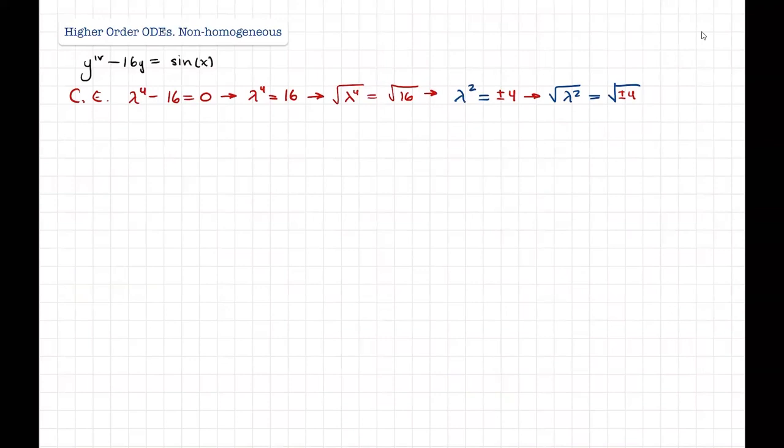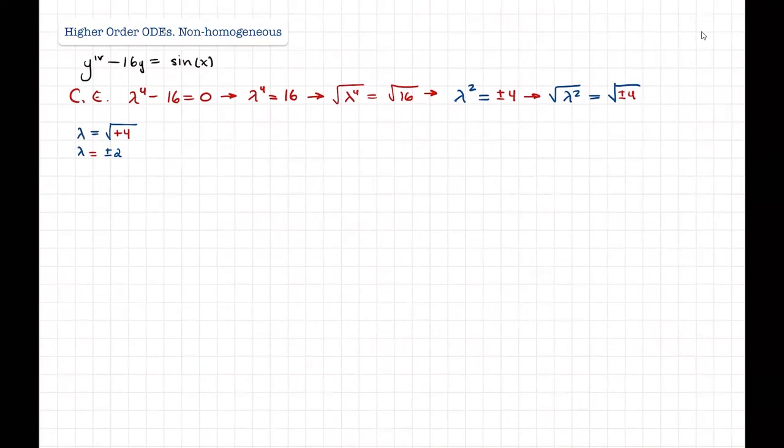One lambda equals the square root of positive 4, and the result for this will be plus and minus 2. So that's a pair of lambdas here.